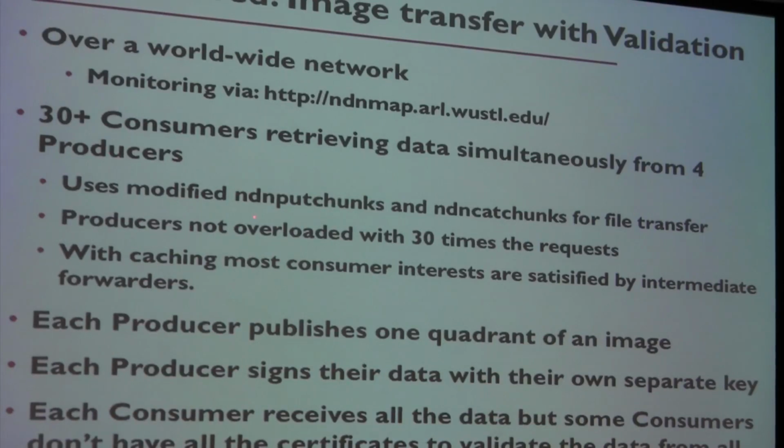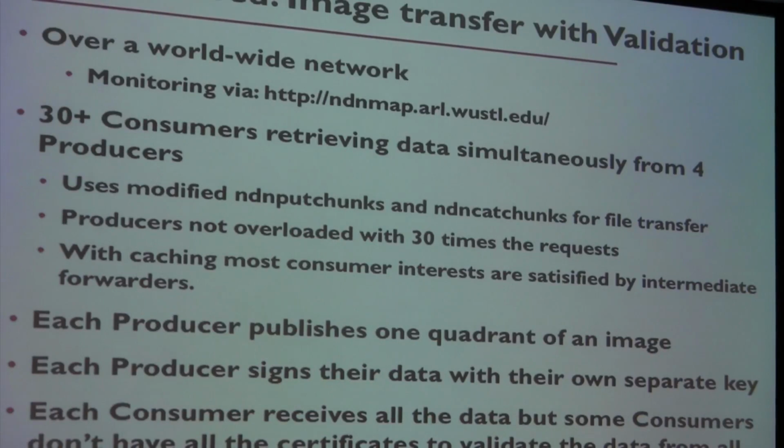For this, I'm going to use NDN put chunks and cat chunks. We've made some modifications to it to enhance the data validation. What you should see on the map is that the producers are not going to be overloaded by 30 times the requests or 30 times the data.